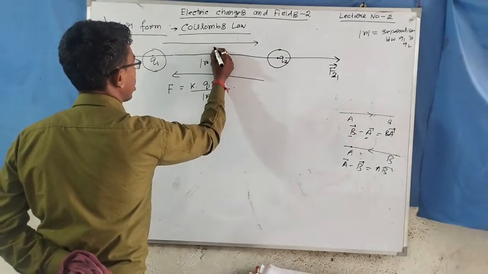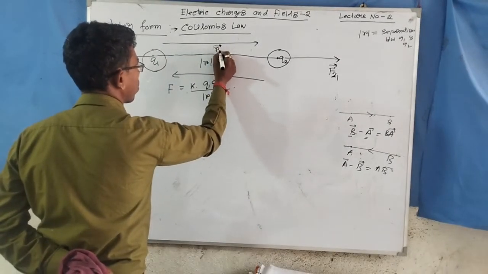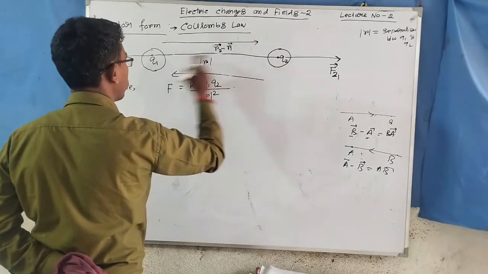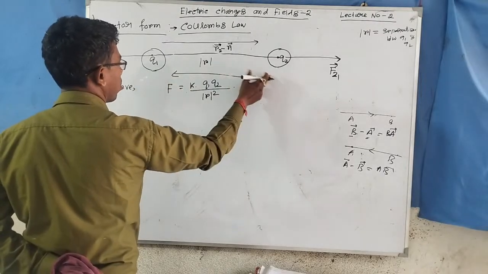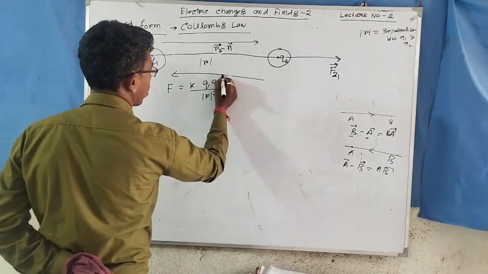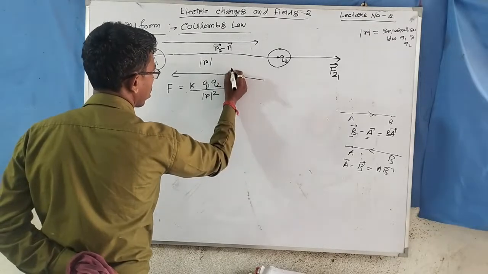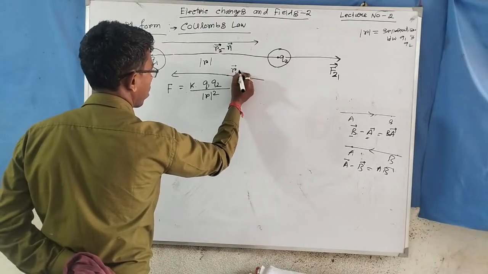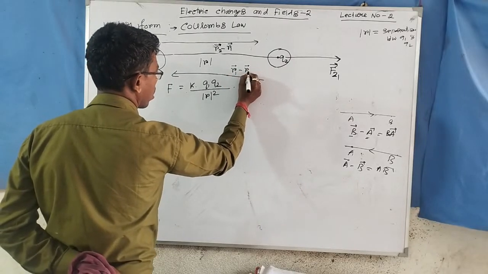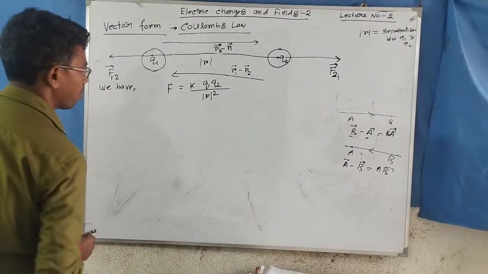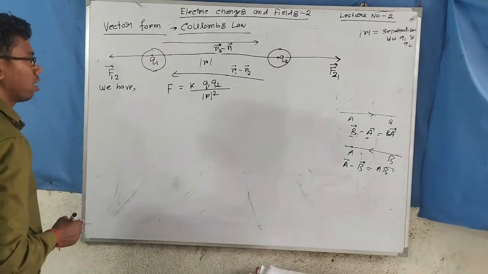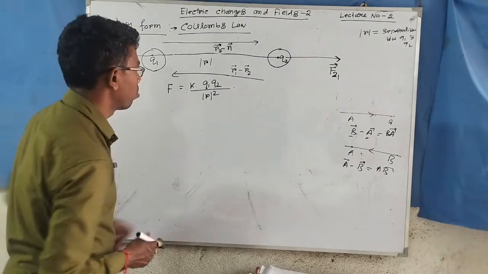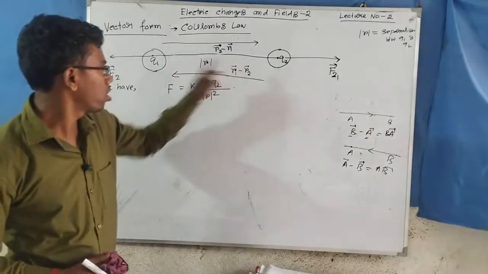So the final vector is r2 vector minus r1 vector for the Q1 to Q2 direction, and r1 vector minus r2 vector for the Q2 to Q1 direction.